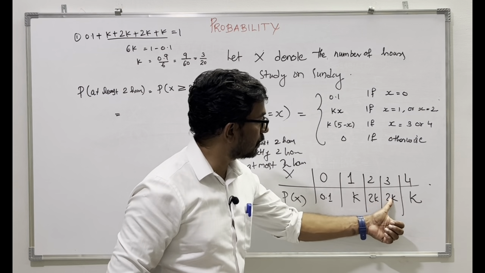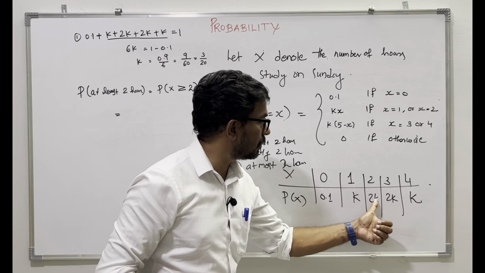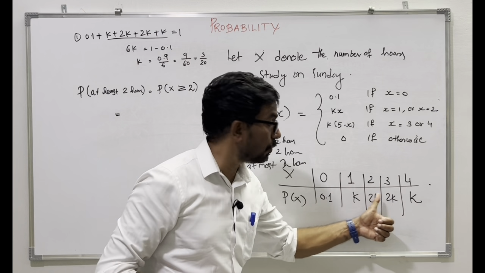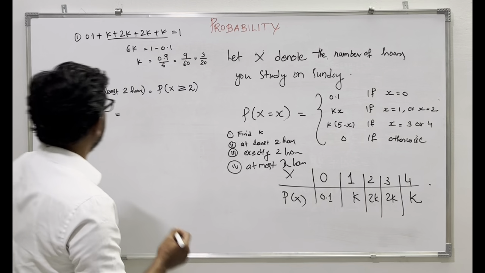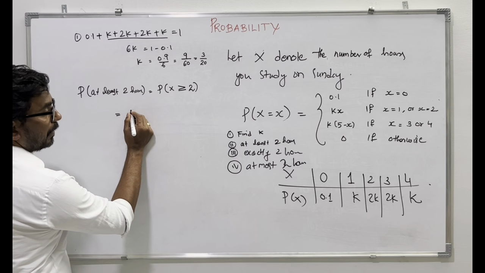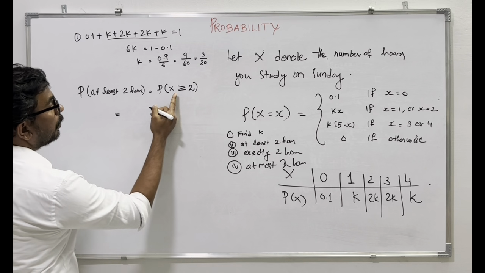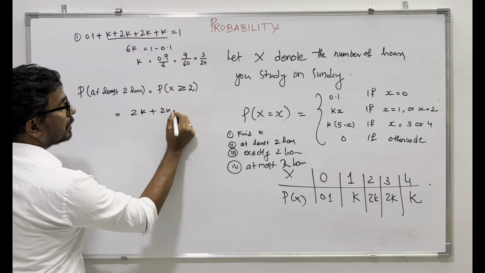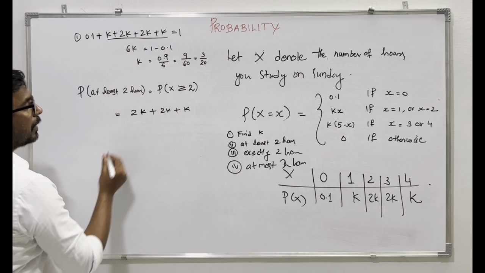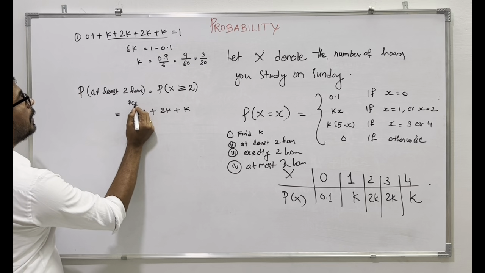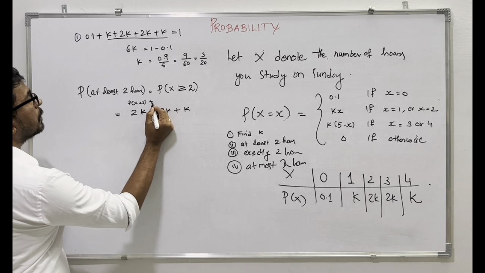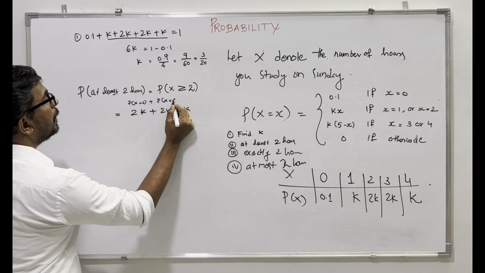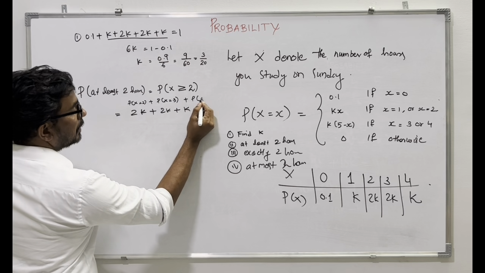Equal to 2, more than 2, more than 2. So this is probability of x equal to 2 plus probability of x equal to 3 plus probability of x equal to 4.